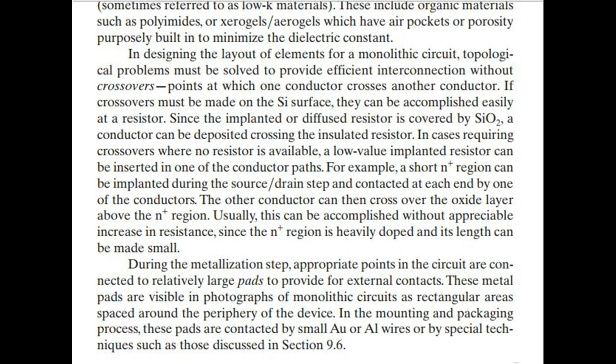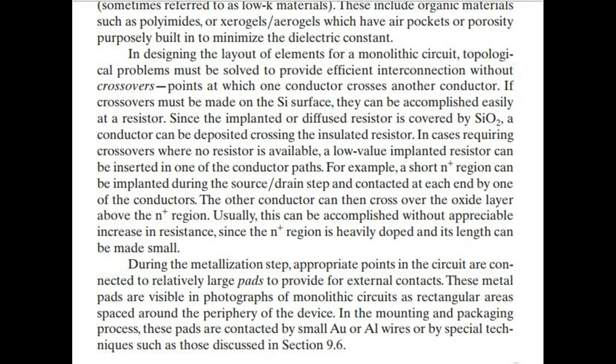For example, a short N+ region can be implanted during the source/drain step and contacted at each end by one of the conductors.